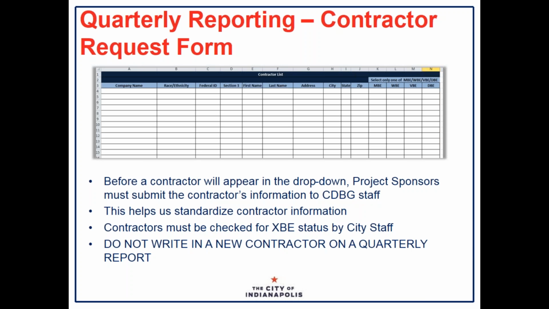Before a contractor will appear in the drop-down box, project sponsors will submit the contractor's information to us here. This helps us standardize the contractor information, and then we will check for any MBE, WBE status eligibility for these contractors when you submit the contractor request form. And we want to emphasize, do not write in a new contractor on a quarterly report because we won't be able to approve it.